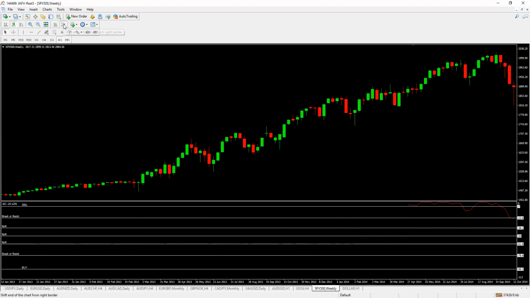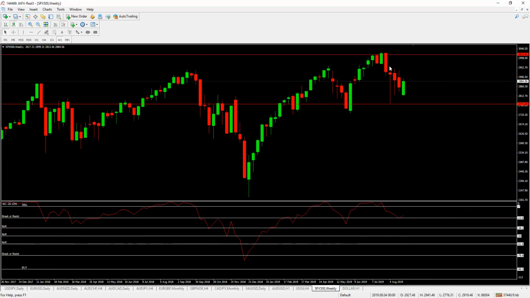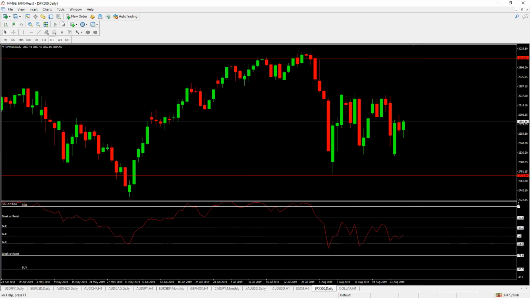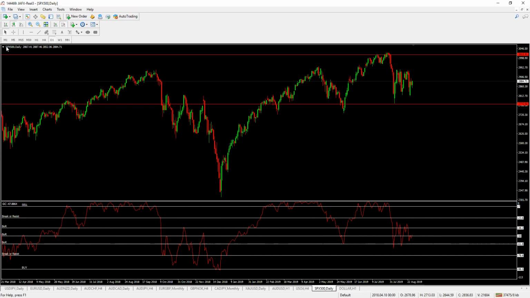Okay, let's go on to the weekly. That's our support, but a couple weeks ahead. Price is just doing a pullback at the moment. So what we want to do is get into this trade whenever we get a reject right off of that trend line.